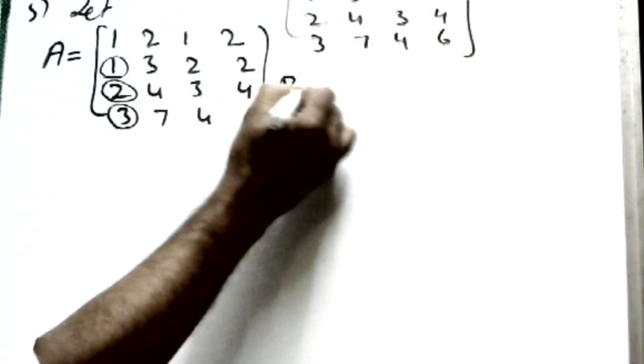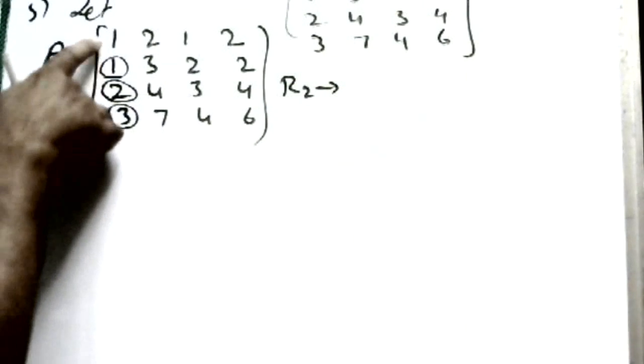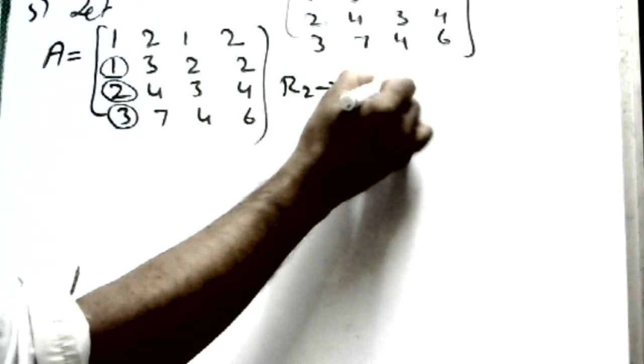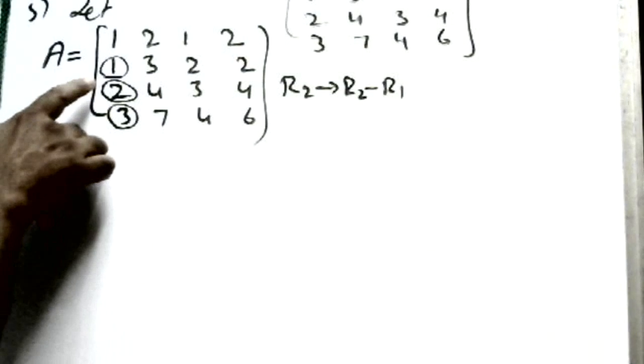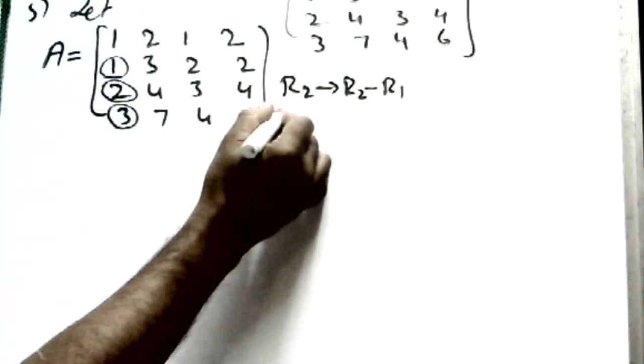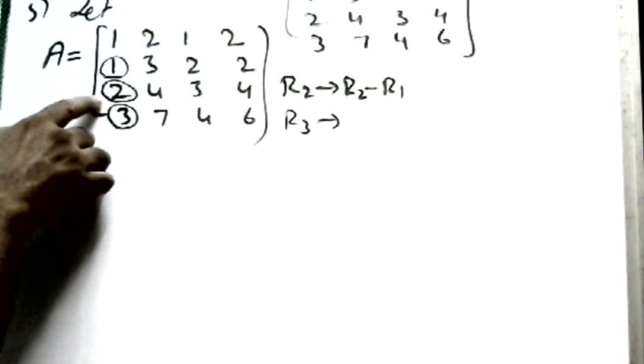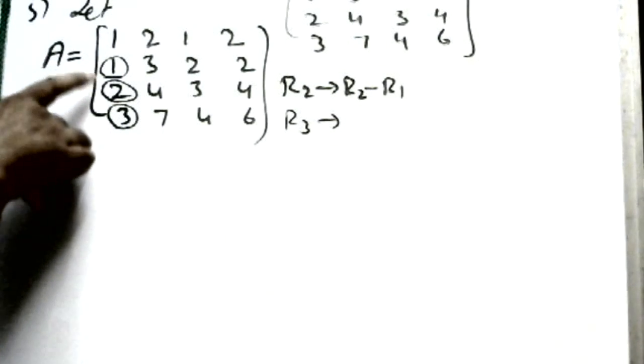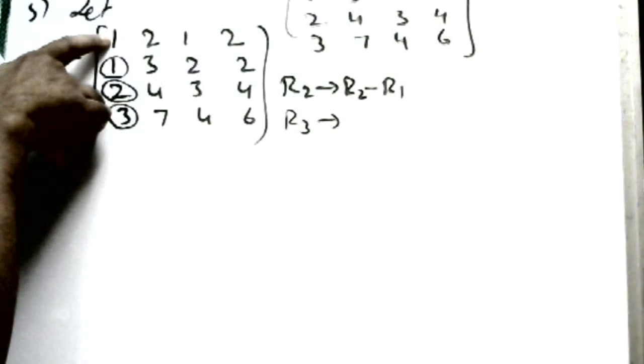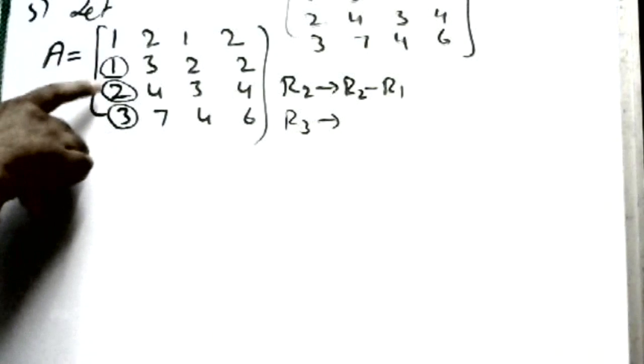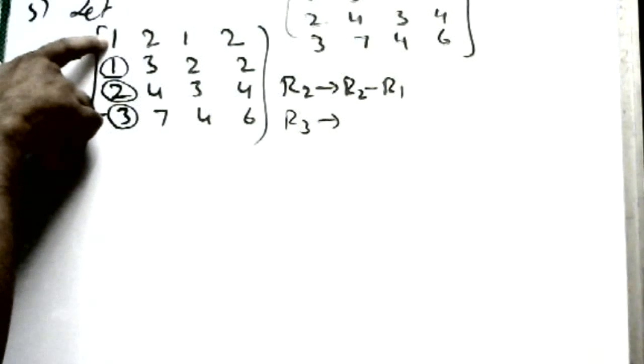Now let me start from this R2. I'm writing here R2 implies, very easy, 1 minus 1, 0. So R2 minus R1. So let me make this also 0. This is R3. Because it is 2, we should make this also 2, so 2 minus 2 will become 0. So multiply this with 2.